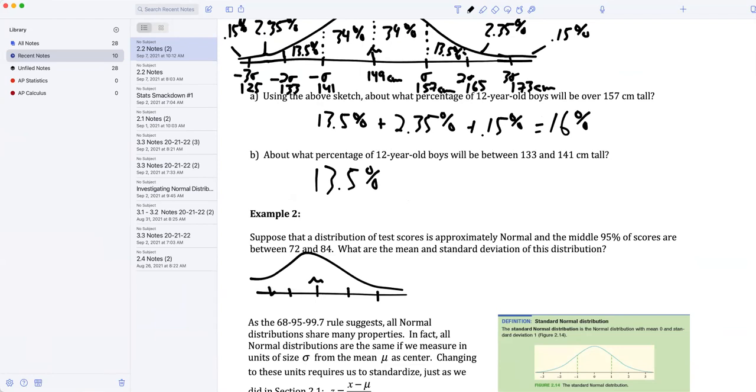So then 72 to 84 is 2 standard deviations on each side of the mean, which is 4 standard deviations in total. That gives a standard deviation of 3 and a mean of 78.